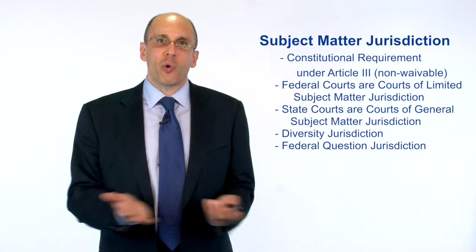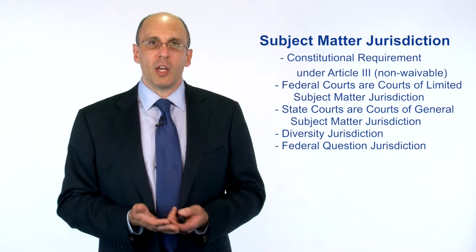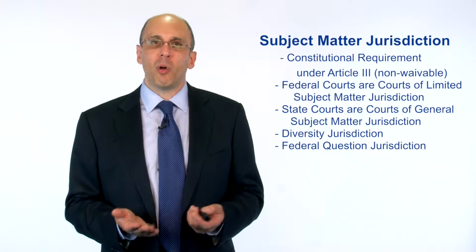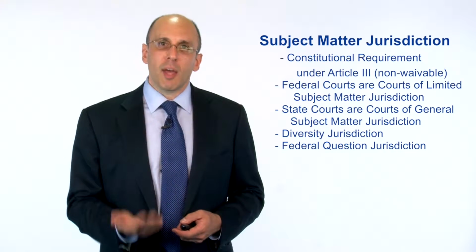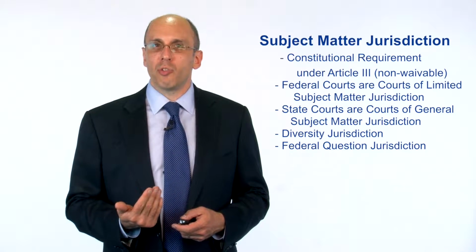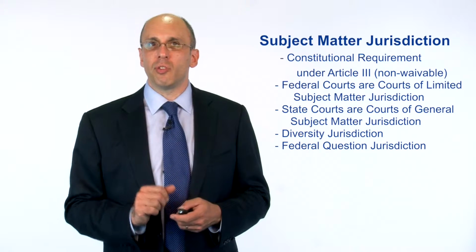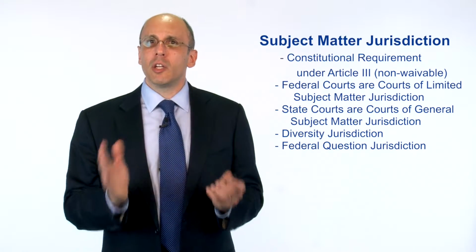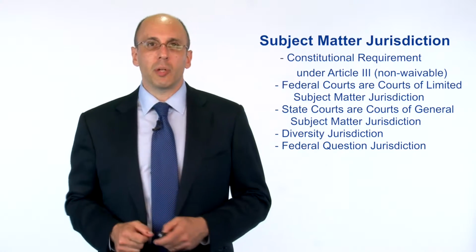Now, of course, the federal court still sits in that state, so it's not as if it's a wholly different group of people, but federal judges have lifetime tenure, they can't be fired, and they're perhaps more insulated from political pressures. So the thought is that by allowing federal courts to hear those cases, we limit concerns about hometown bias. So that's diversity jurisdiction.